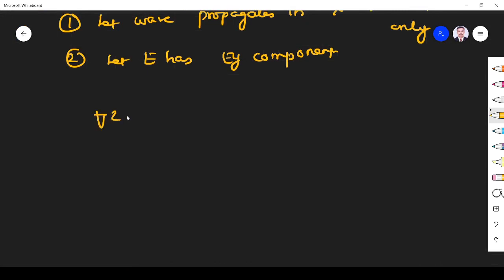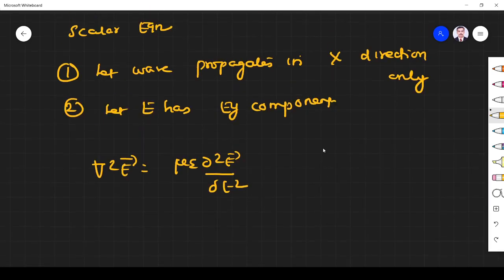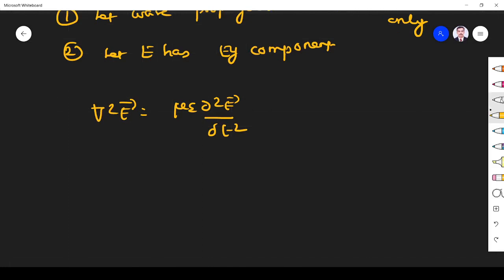On the left hand side we have del squared E, on the right hand side mu epsilon dou squared E by dou t squared. Now the assumption is the wave propagates in the x direction and has the Y component only. So out of 9 equations, we take only one component.